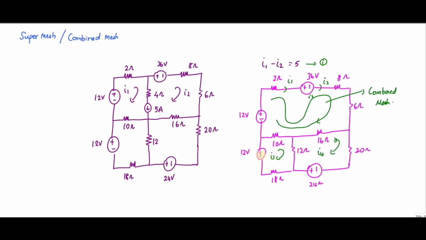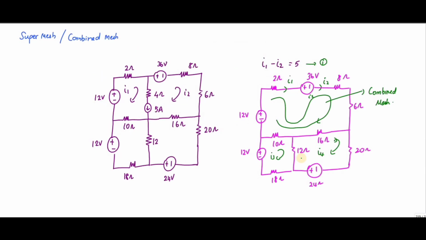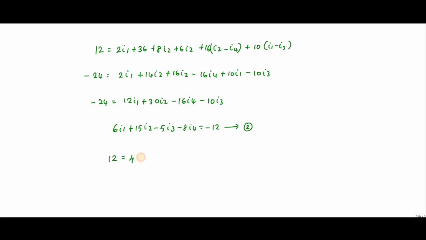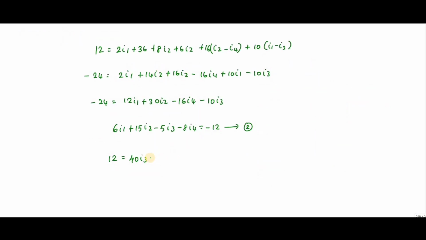Now consider the I3 mesh. I can write 12 is equal to, if I add this resistance, 30 plus 10, so 40I3. 12 is between I3 and I4, therefore minus 12I4, and minus 10I1.